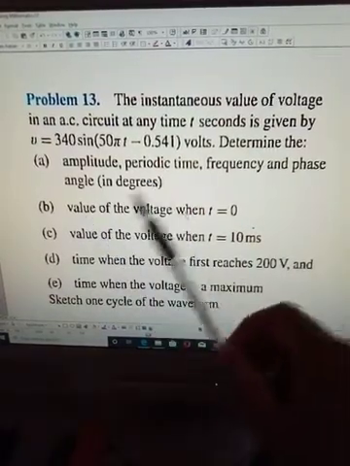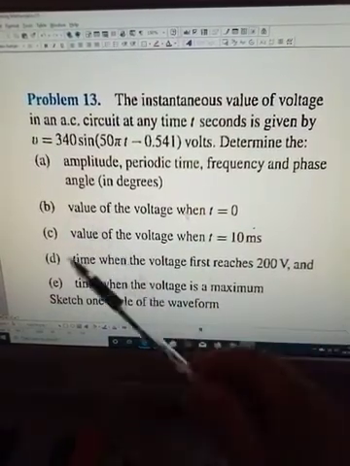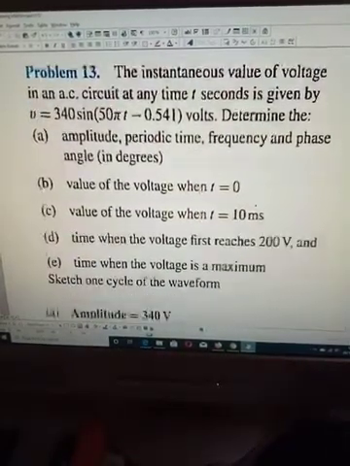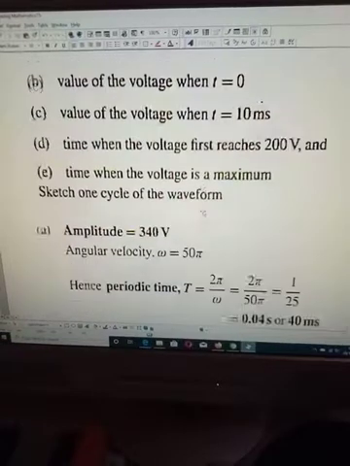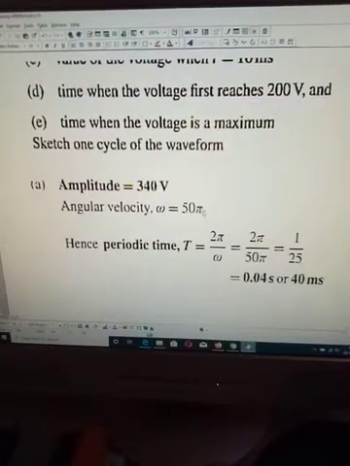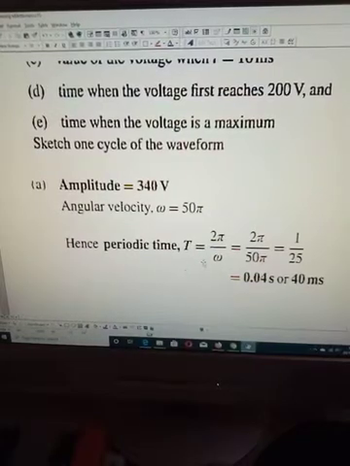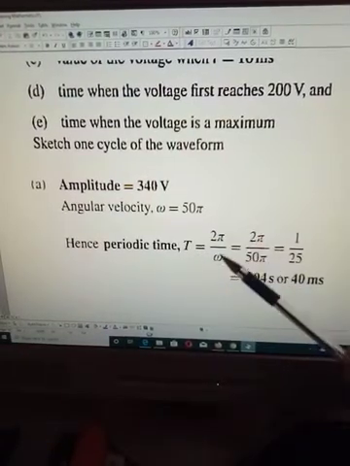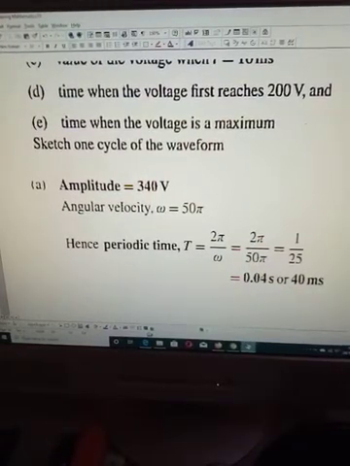And here you have A, B, C, D, E. Now look at the information, extract the information given, and take each step in turn and apply the formula for each. Hence periodic time, T, that's the formula you need to use: T equals 2 pi over omega.